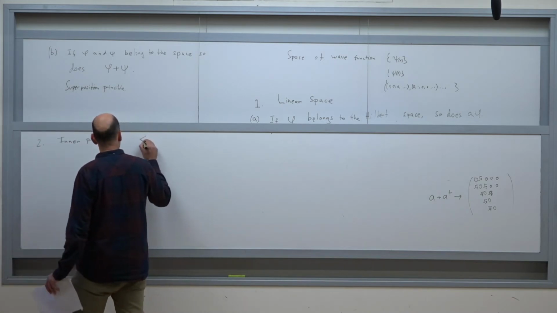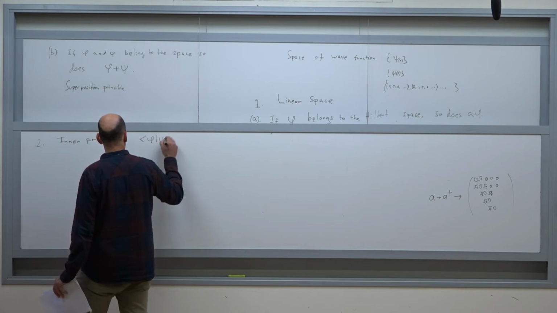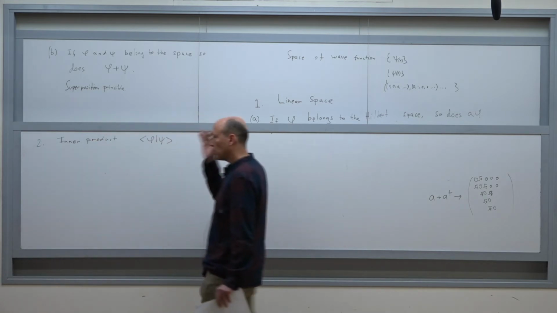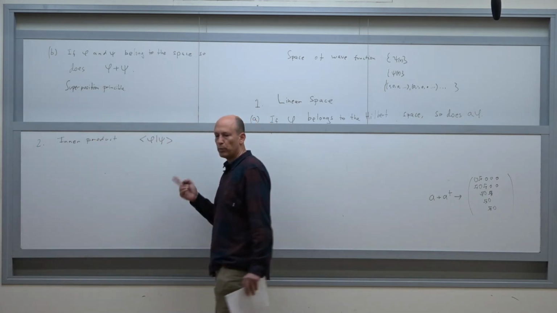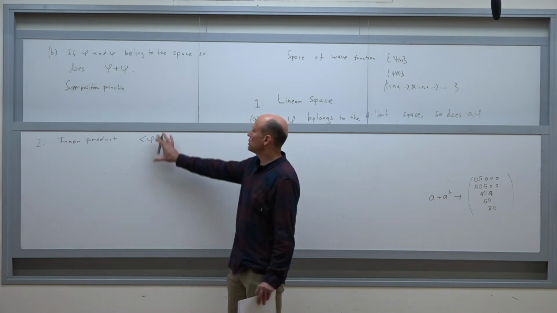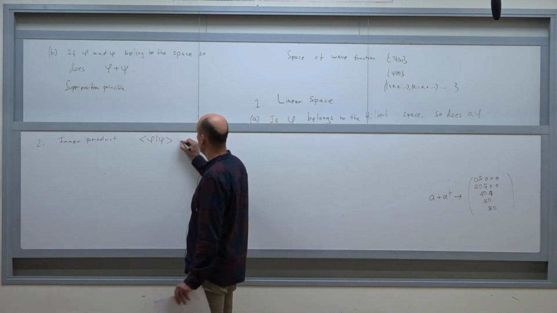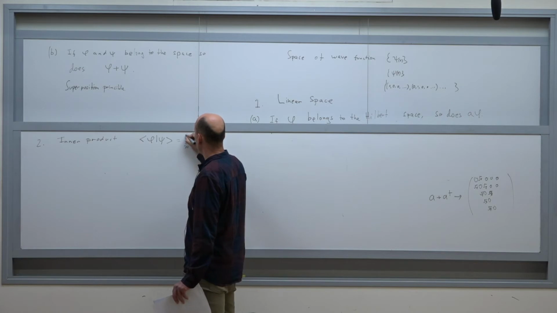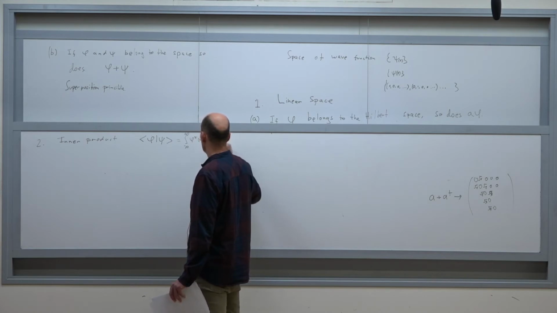It is <phi|psi> in the Dirac notation, which is a general notation. I can represent it in a specific way by the integral of phi star of x times psi of x dx.